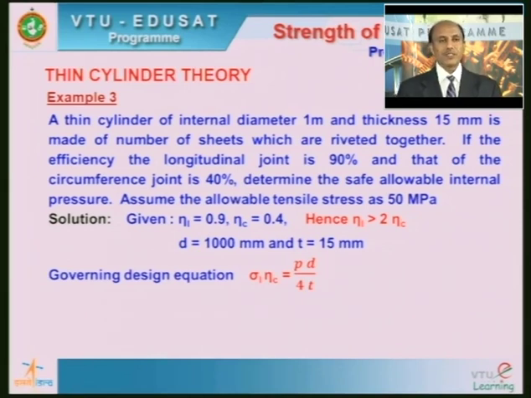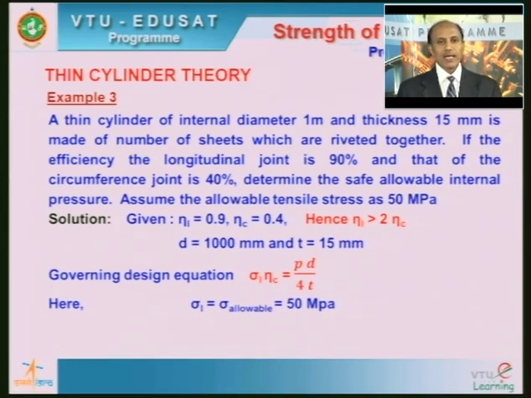Longitudinal stress, as you know, is PD by 4T, but because we have joints, we bring the efficiency factor into the picture. So, we have sigma L into eta C equal to PD by 4T. We again equate the given allowable stress to the longitudinal stress, which is 50 megapascals.